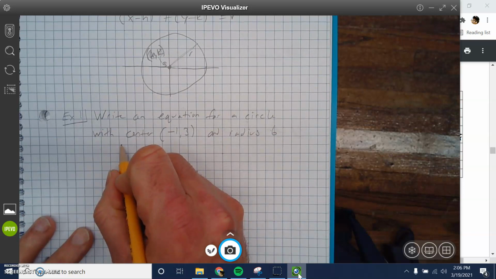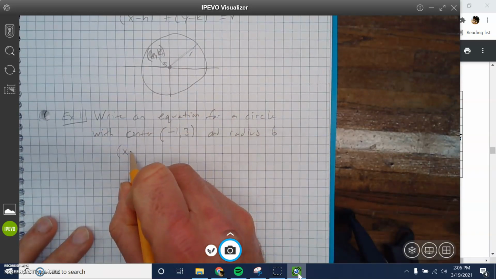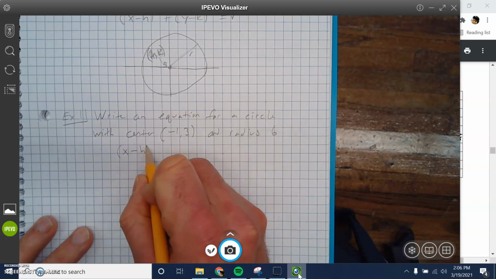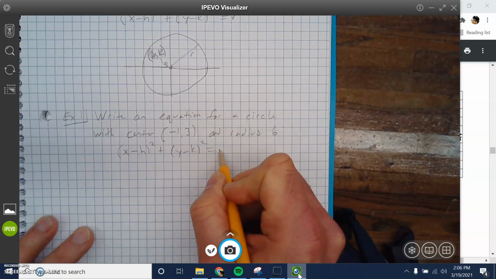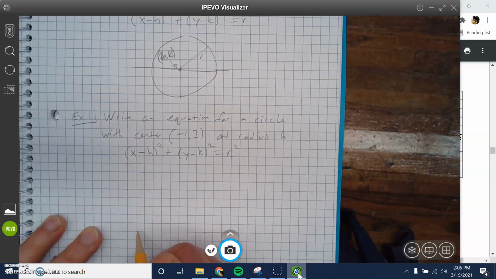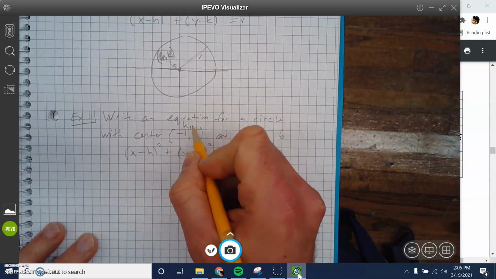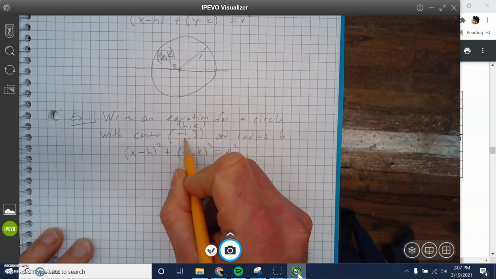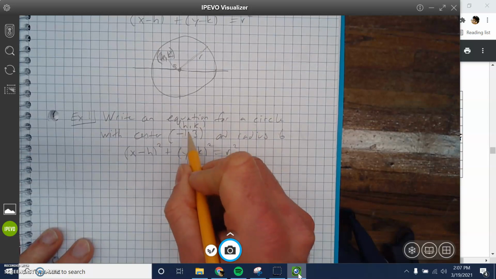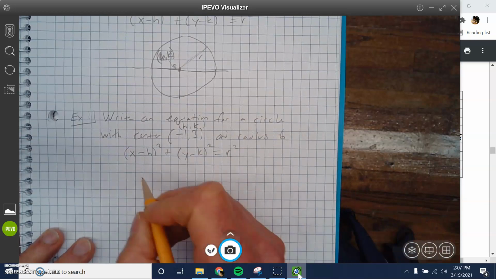And so we know that the equation, if I was going to put this on a coordinate plane, is x minus h squared plus y minus k squared equals r squared. And the center is always h k, like that. So I'm going to write that next to that. And so h is -1 and k is 3 and r is 6. So I'm just going to plug it in.